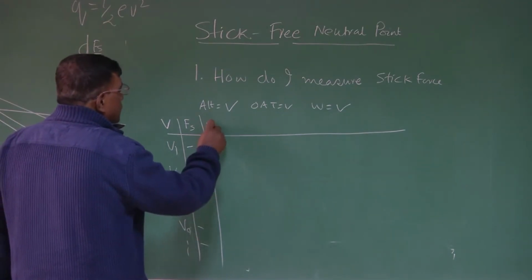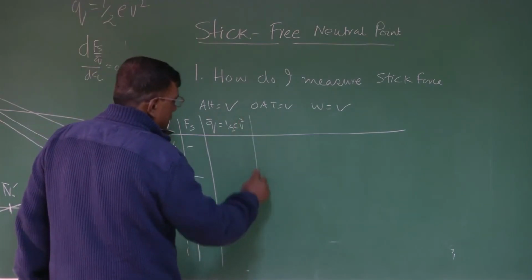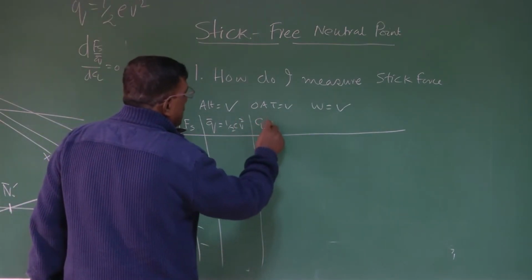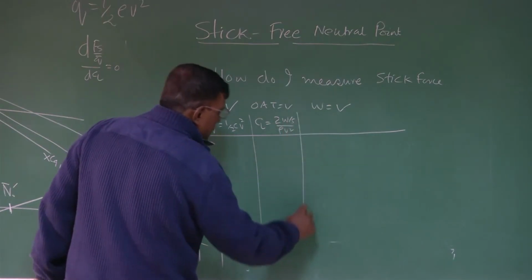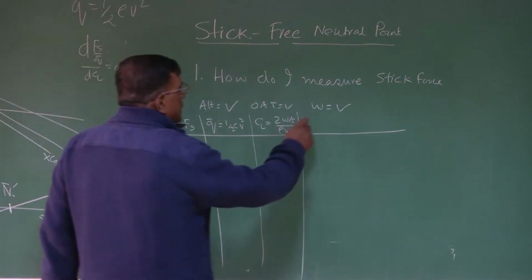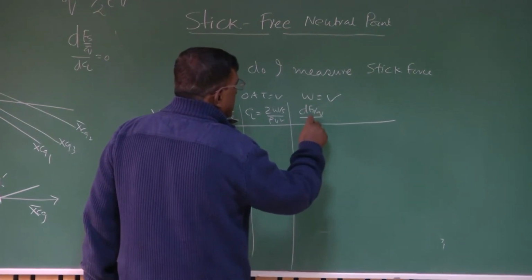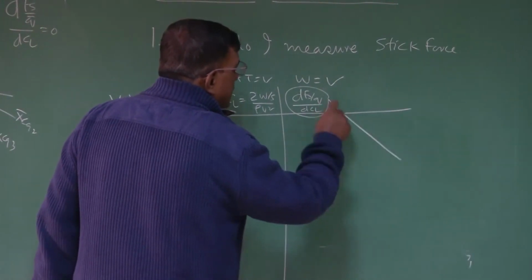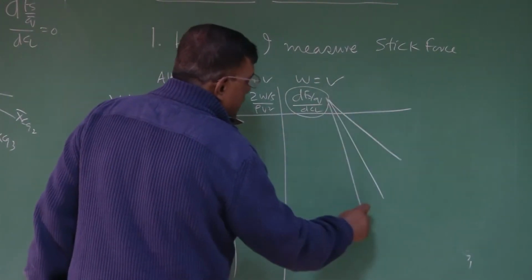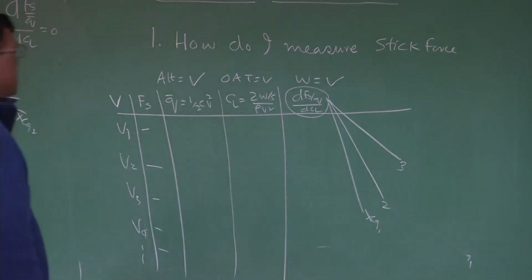You also find Q bar, which is equal to half rho V square. You calculate CL, 2W by S by rho V square. Then you find out dFs by Q by dCL, and this should be for different CG locations, right? XCG1, 2, 3, cross plot, you will get these values.